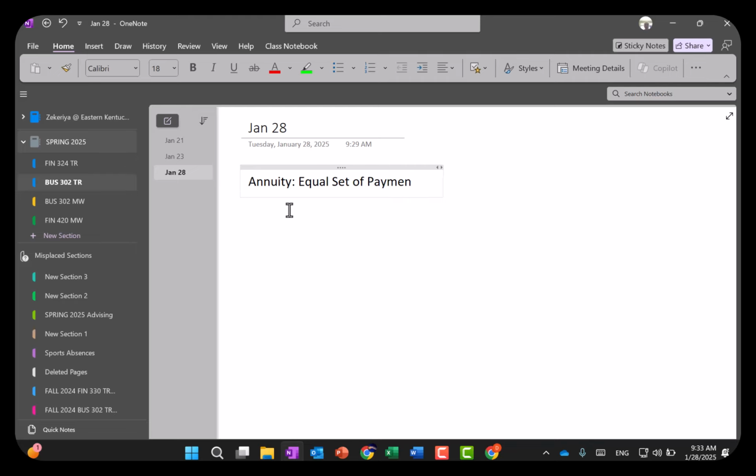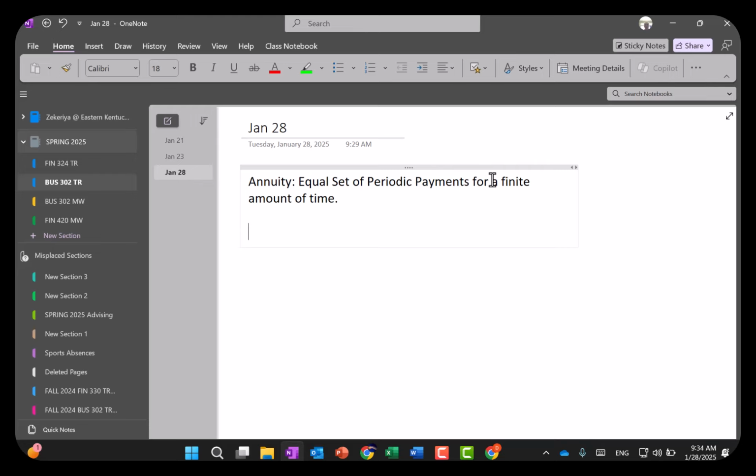Equal set of payments, I should say, actually, periodic payments for a finite amount of time. I use finite on purpose. When that is not finite, we actually call it a perpetuity. Okay?